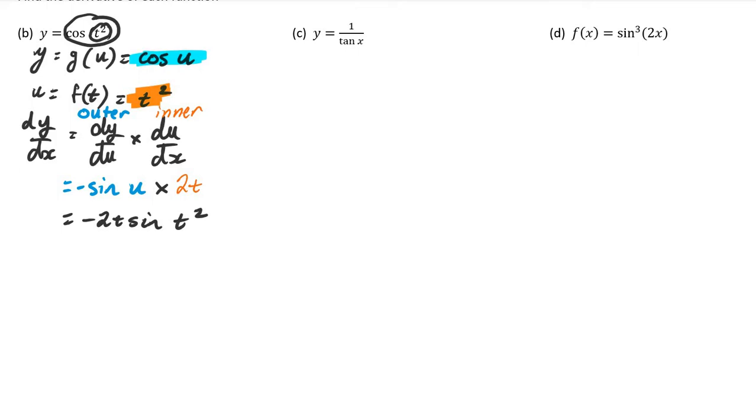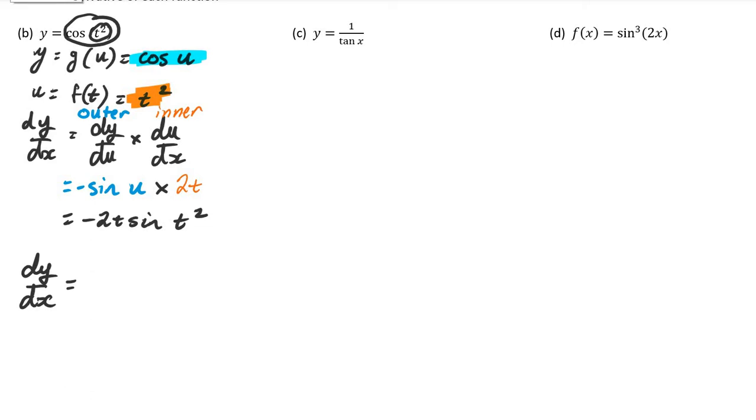But we can just work with this idea of multiplying the derivative of the outer function by the derivative of the inner function. If you're having difficulties identifying those, then I probably do recommend the full solution. However, the other way of going about this is to go, I'm going to find the derivative. I need to multiply the derivative of the outer function.